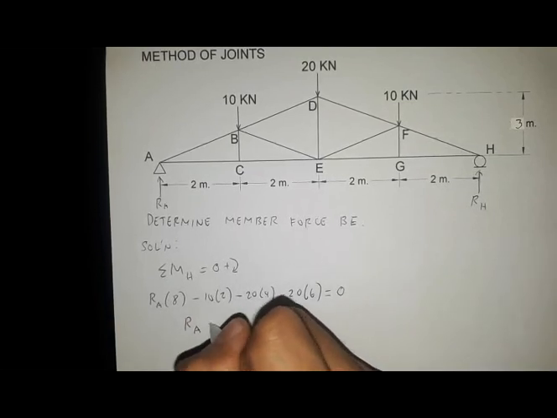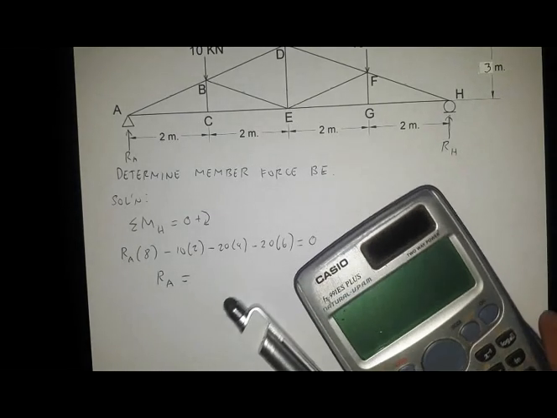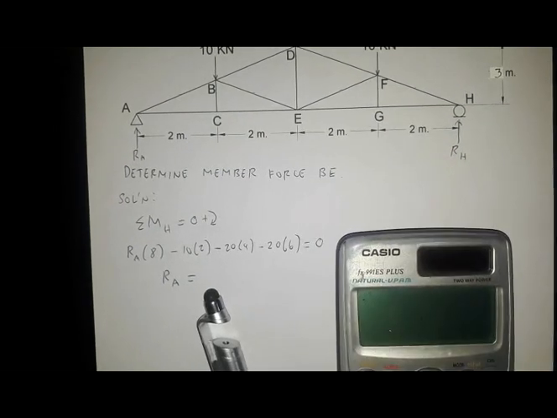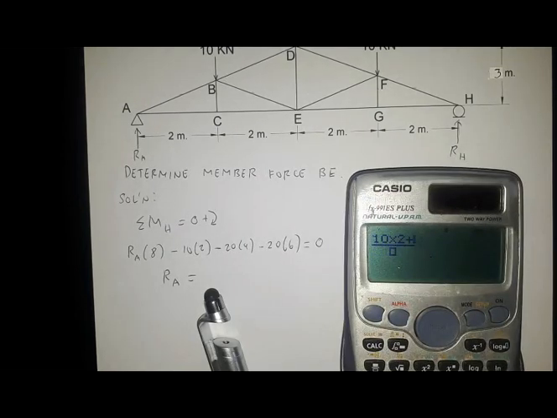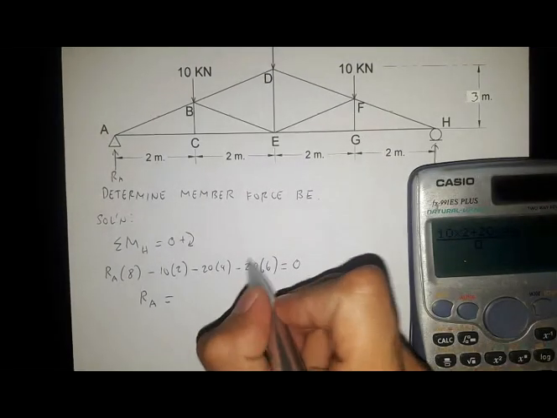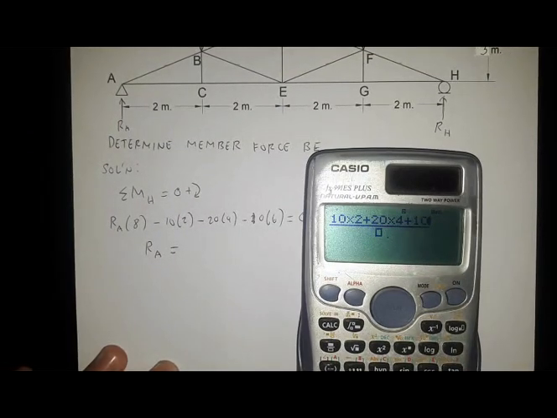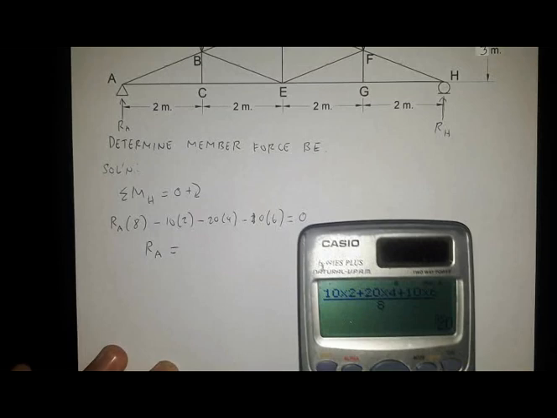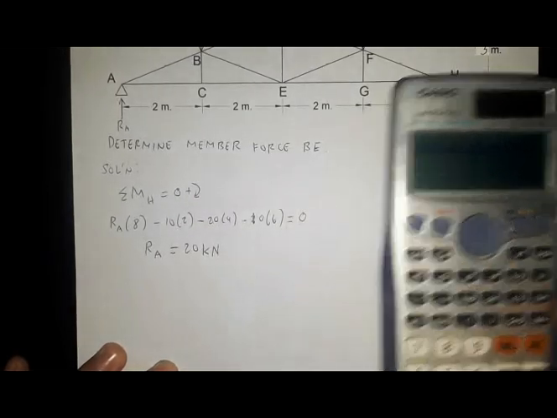We have RA equals, so we have 10 times 2 plus 20 times 4 plus, so it's 10, not 20, plus 10 times 6 over 8. So we have RA equals 20 kilonewton.